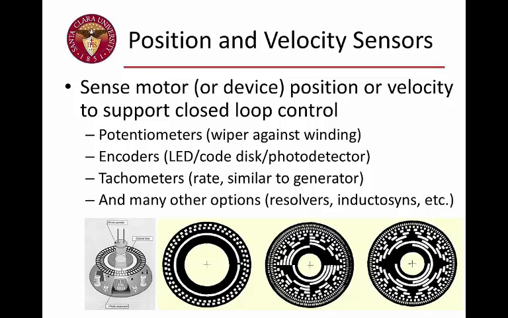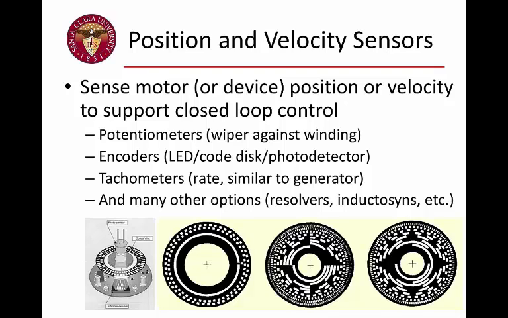Our most basic sensors with respect to the use of motors and motion would be position and velocity sensors. Just a few of the many, many different options that exist are listed here. You might imagine a potentiometer. We've used them in class.